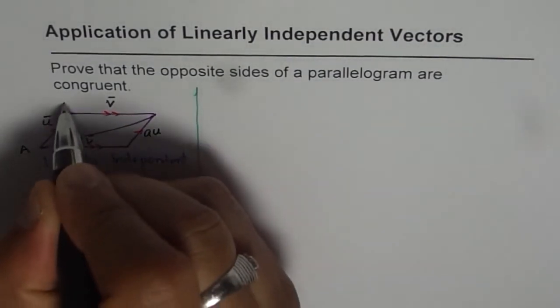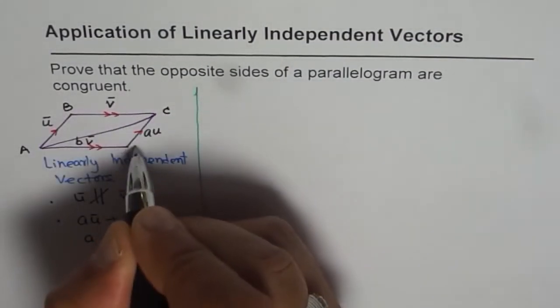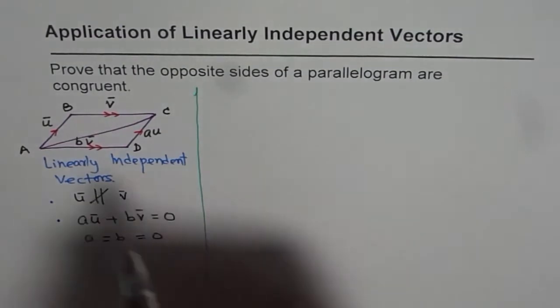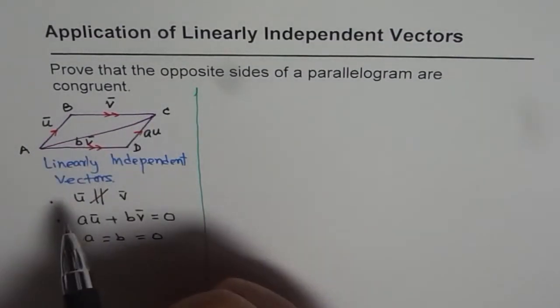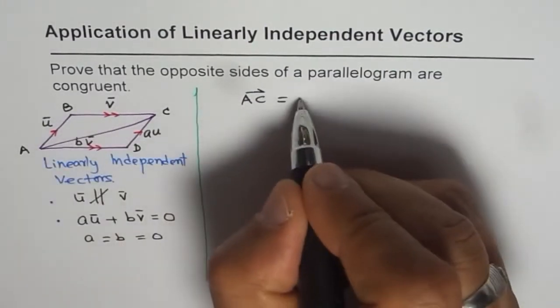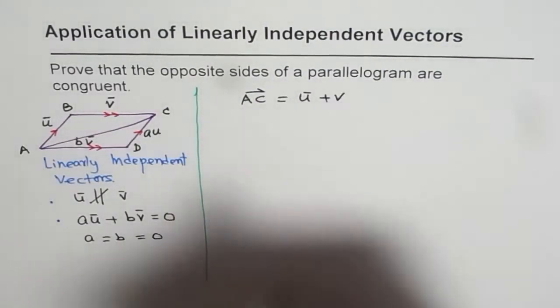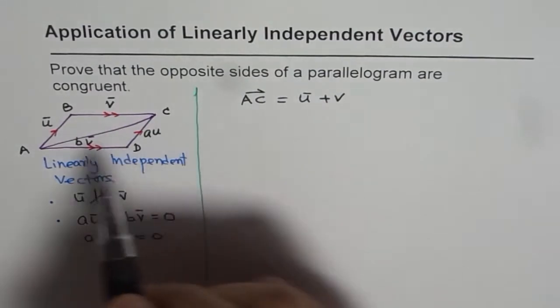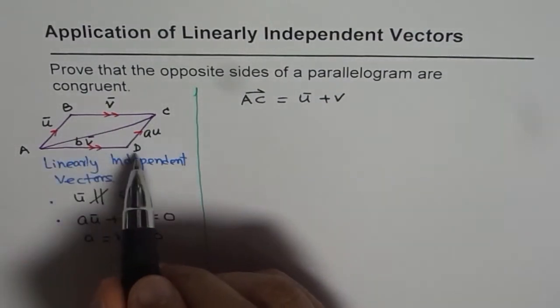Let me write A, B, C and D. Now in that case, what is AC equal to? We have AC is equal to u plus v, right? How about AC from the other side?